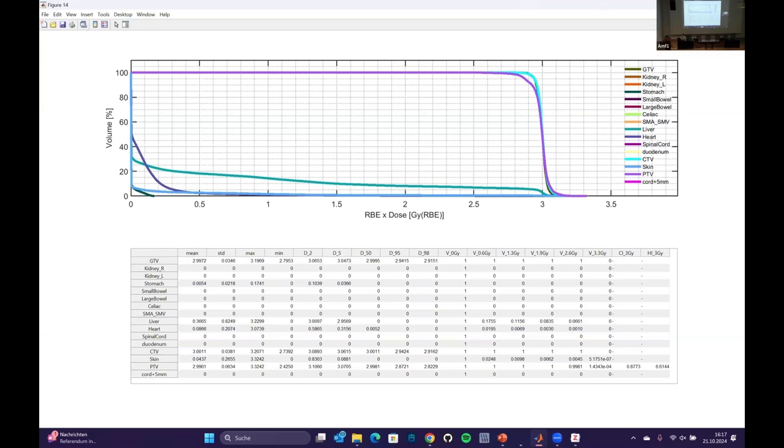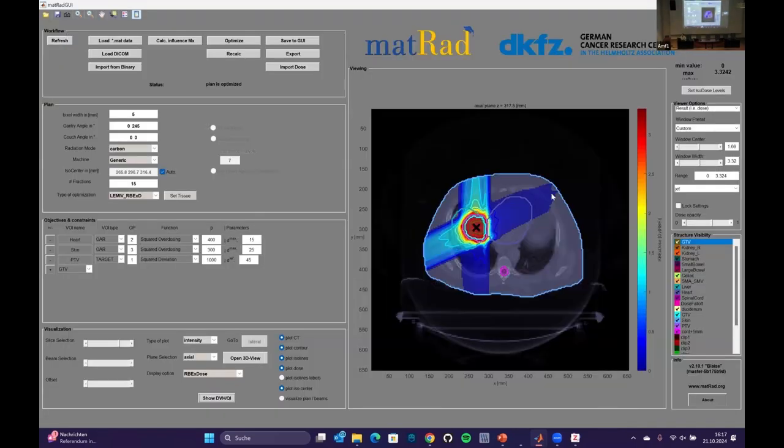And this comes from the fragmentation tail. So basically when carbon ions pass through matter, it can happen that they fragment, and it will happen at some point for many of the ions.